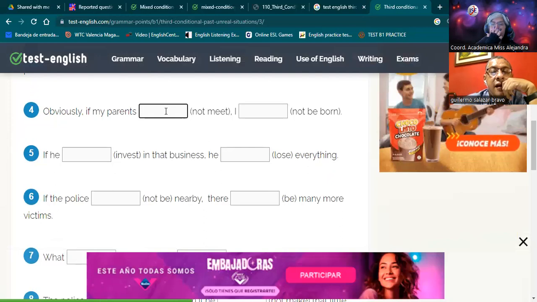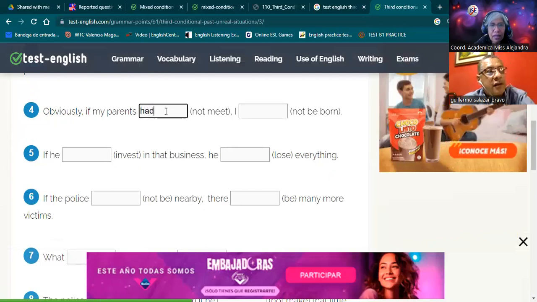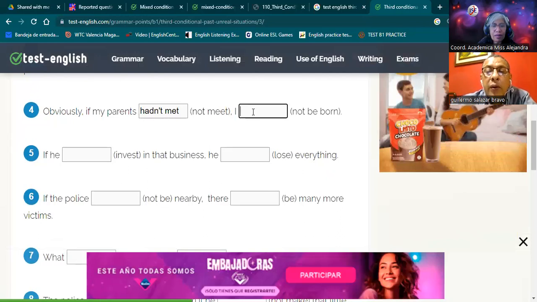Required words. If my parents hadn't met, I wouldn't have been born. If my parents hadn't met, I wouldn't have been born.